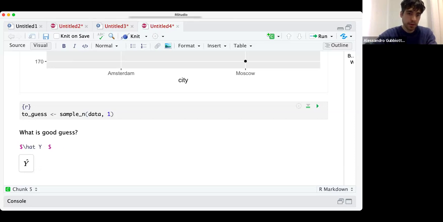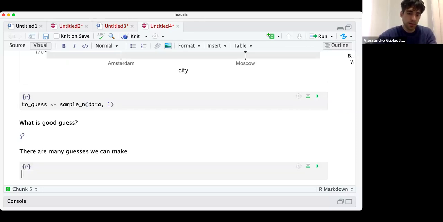So there are many guesses we can make. We can take the mean or the median. For instance, let's just simply take some guesses.